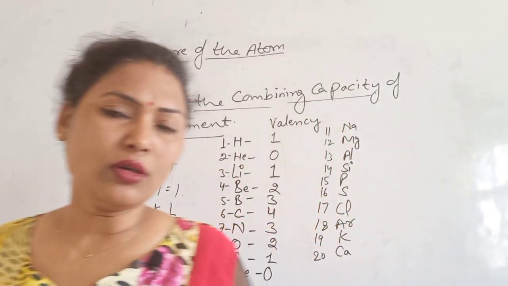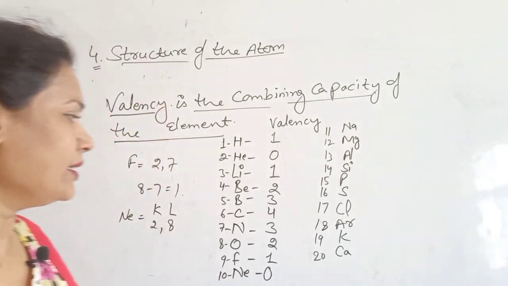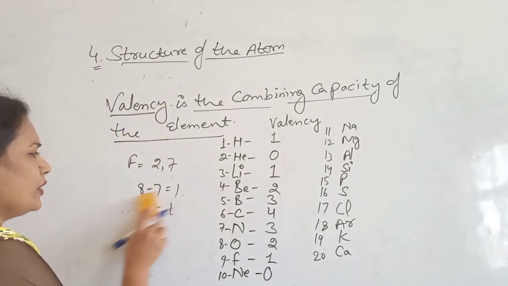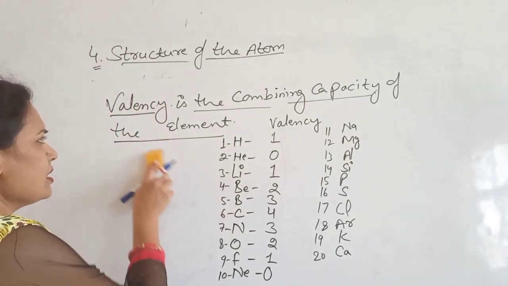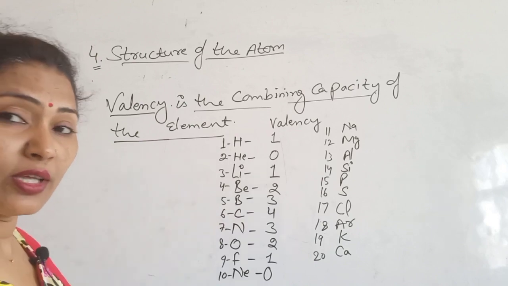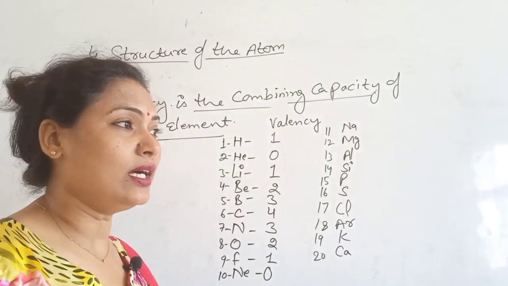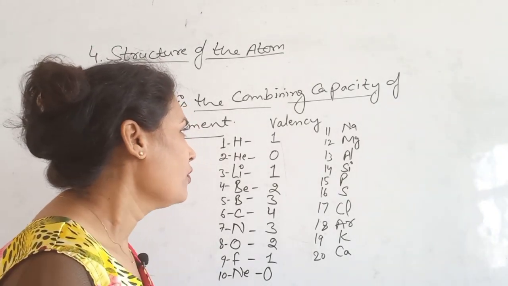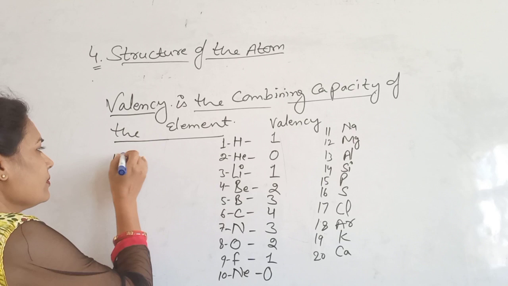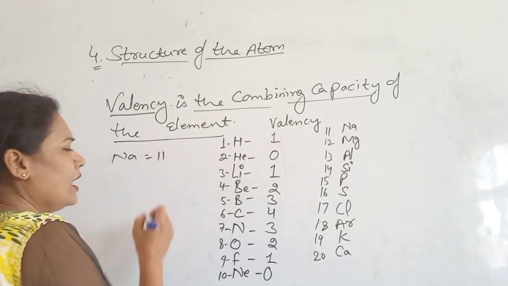Okay. So according to that you can write the configuration of these elements, and with the help of the configuration you will find the valency of the element. How can you find it out? For example, we have sodium, which has atomic number 11.